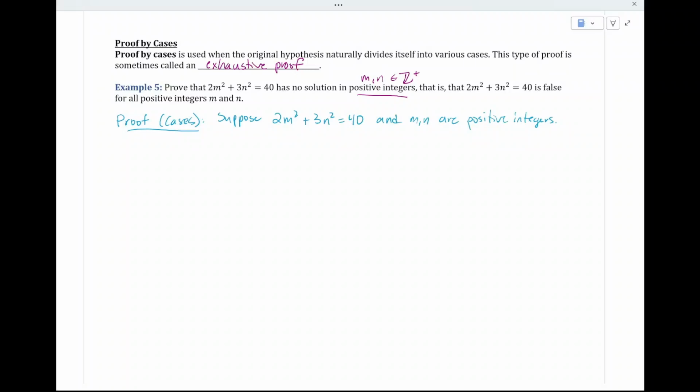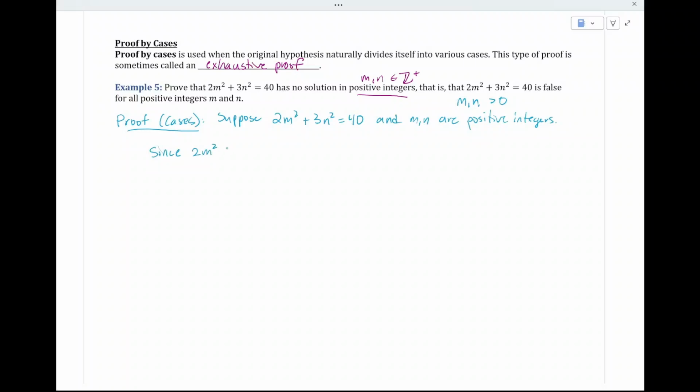One way to show that there are no solutions is to look at every possible combination and say, look, there aren't any. That's this case's idea. So if we're looking at 2m squared plus 3n squared equals 40, and m and n are positive integers, that means they're greater than 0.